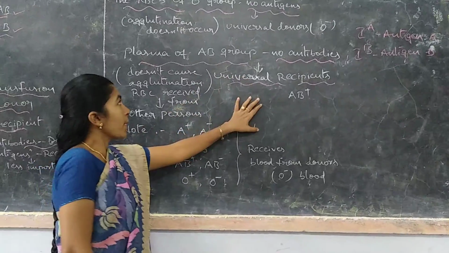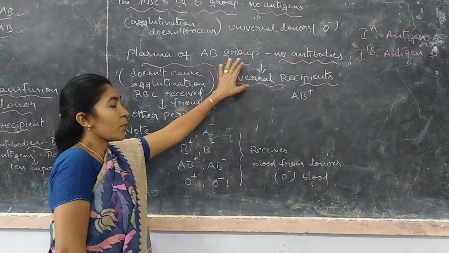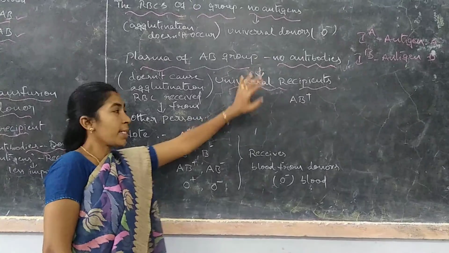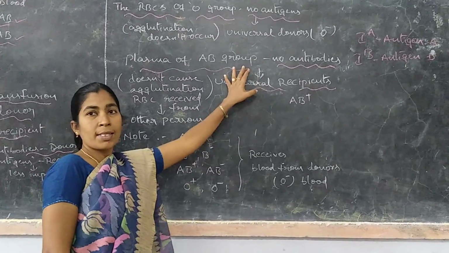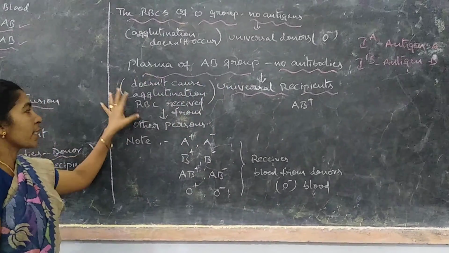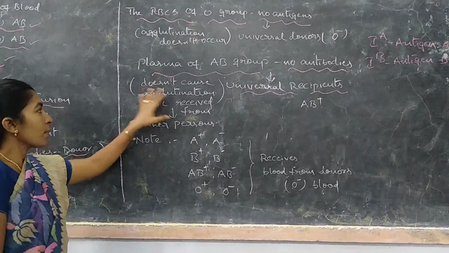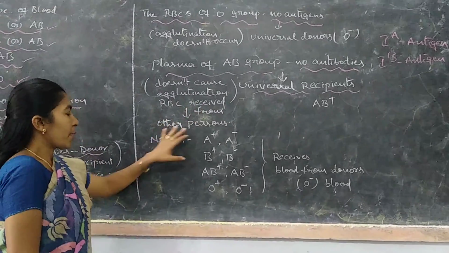When we observe the plasma of AB blood group, no antibodies are present, so we can say these persons are the universal recipients.